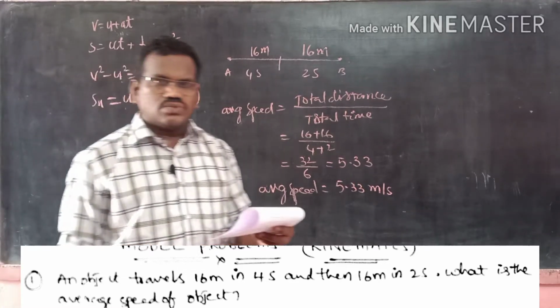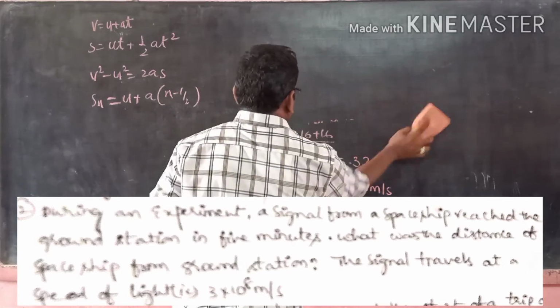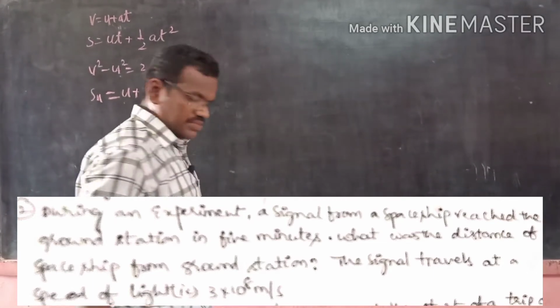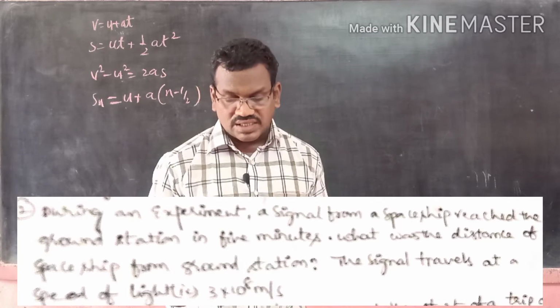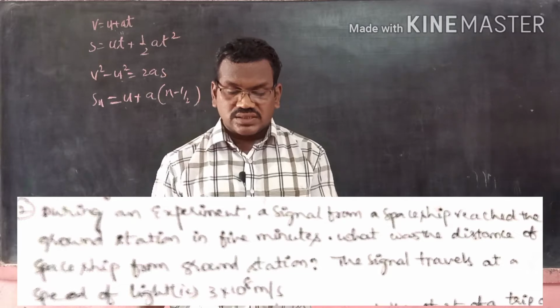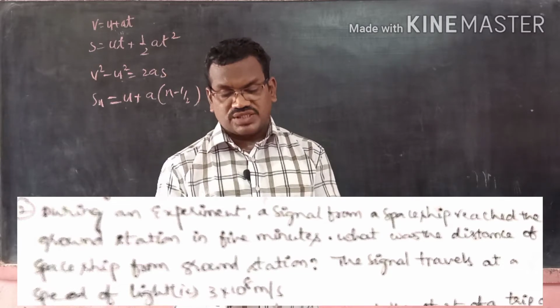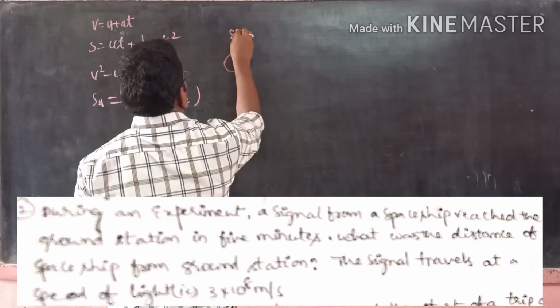Now we are moving on to the second problem. What is the second problem? Let me read the second problem. During an experiment, so an experiment is going on, a signal is released from a spaceship. For example, here a spaceship is there.